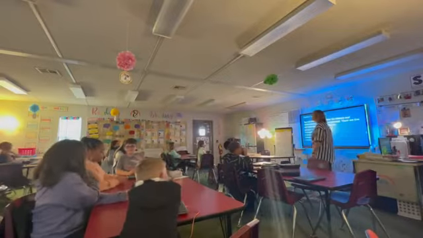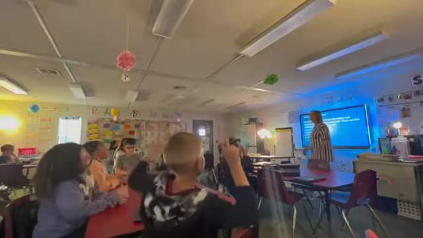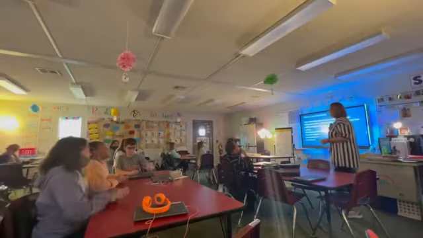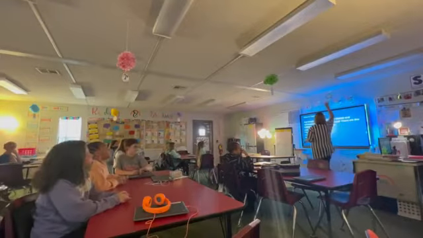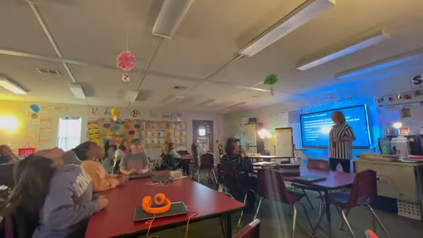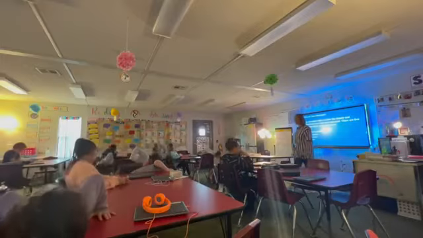Alright, so what is text structure? Text structure refers to how a text is set up or organized. There are 5 different types. Everybody look up at the ceiling and tell it description. Description! Everybody look at the floor and tell it sequence. Sequence!